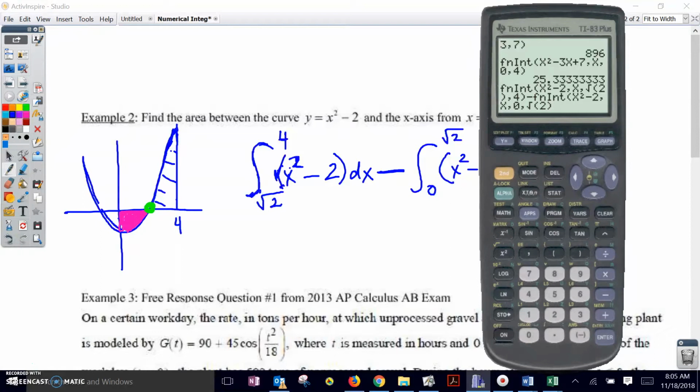And this tells me the actual area that is between the curve and the x-axis.